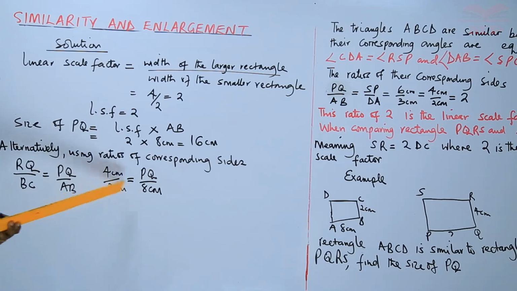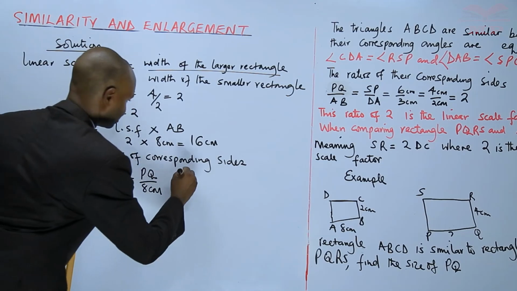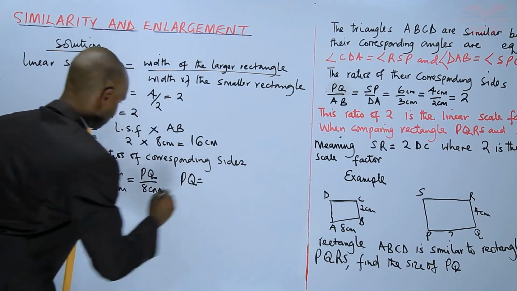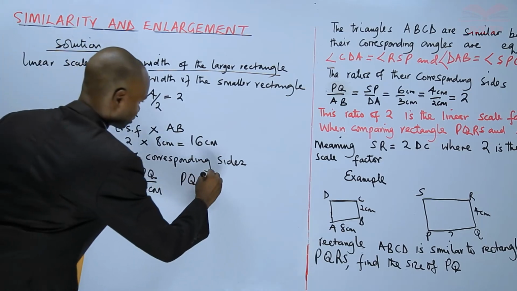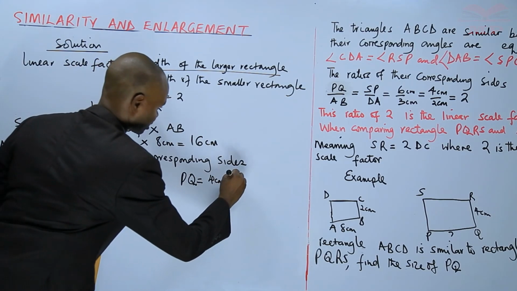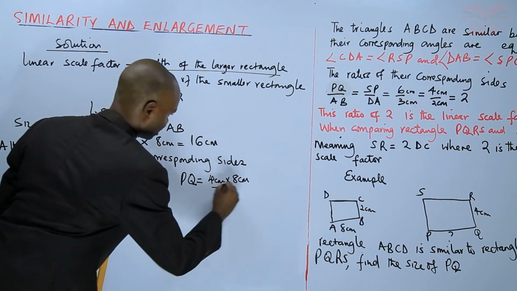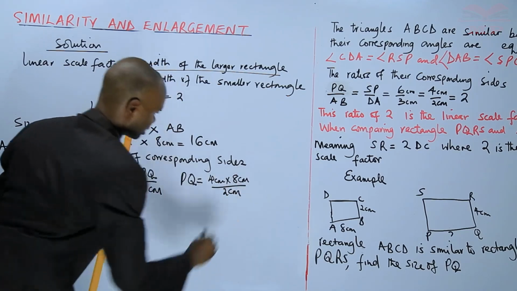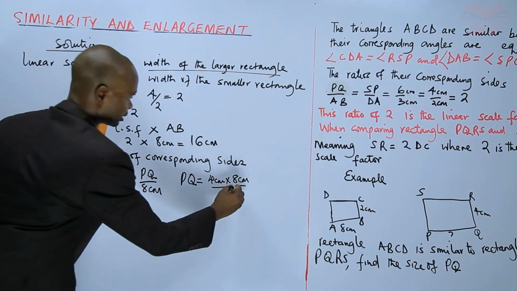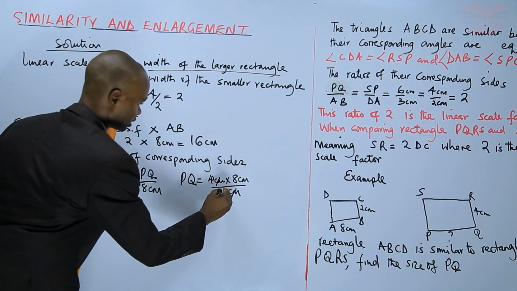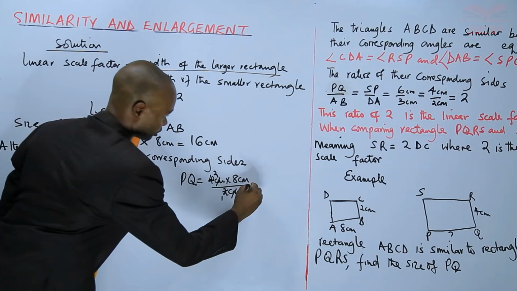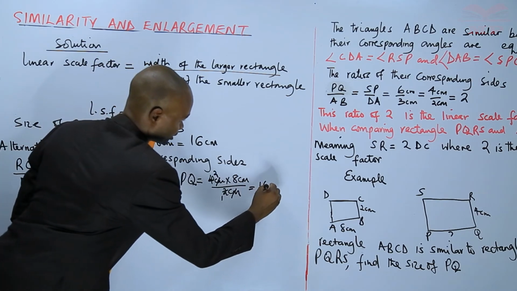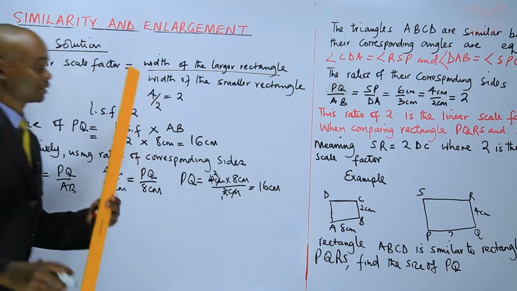By cross multiplication, PQ will be equal to 4 centimeters times 8 centimeters divided by 2 centimeters. The centimeters cancel, 2 there, 1, 2 there, 2. So PQ gives you 16 centimeters.